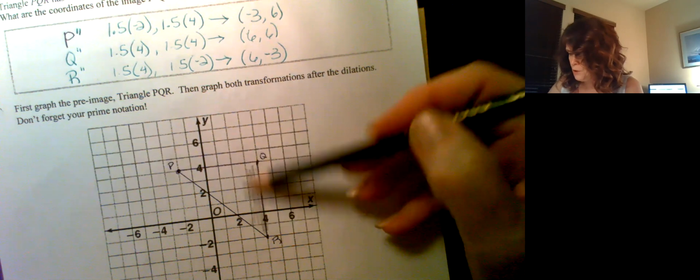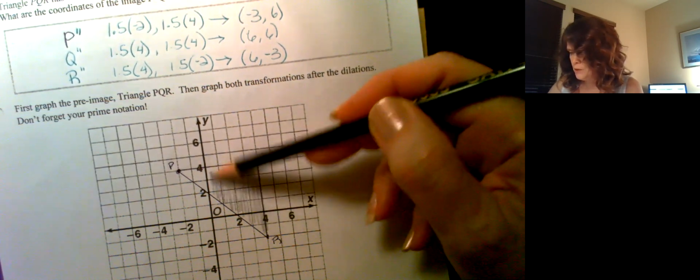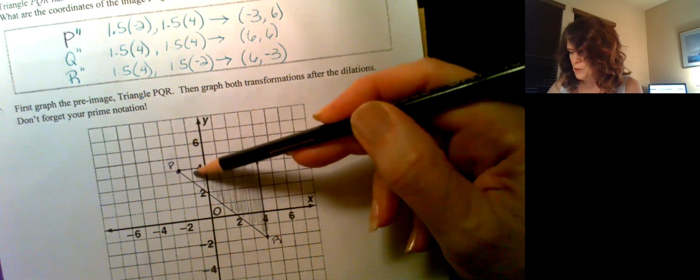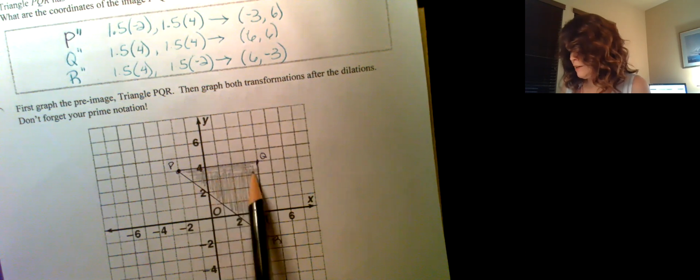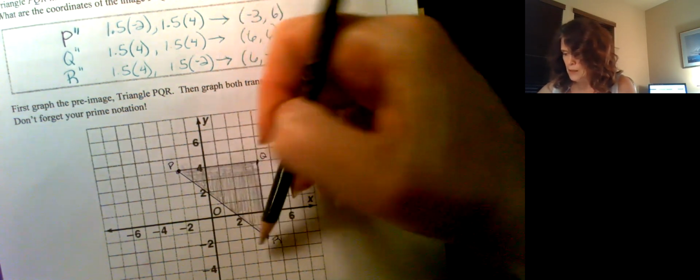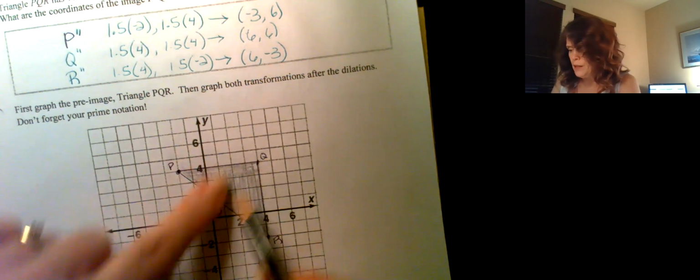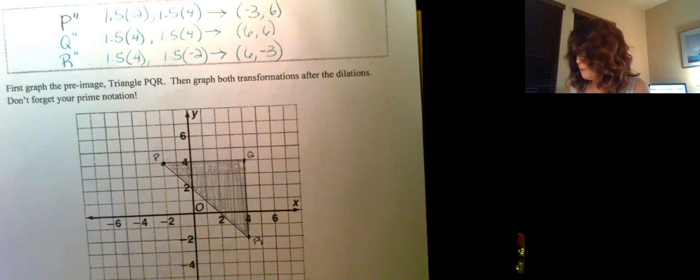So if you have pencil maybe nearby, you can shade this so we know this is where our pre-image was. And then we're going to dilate it from the origin. So everything is going to be kind of extending out from here, okay, from the origin in terms of enlarging it or shrinking it, okay.